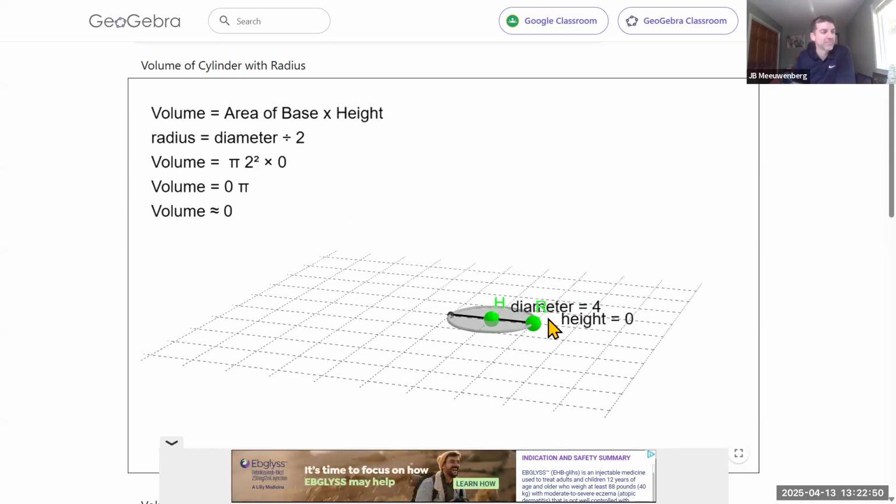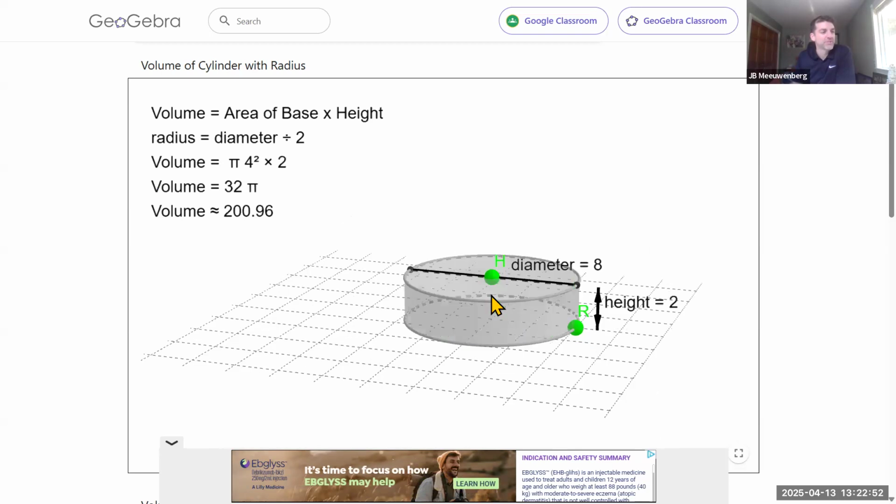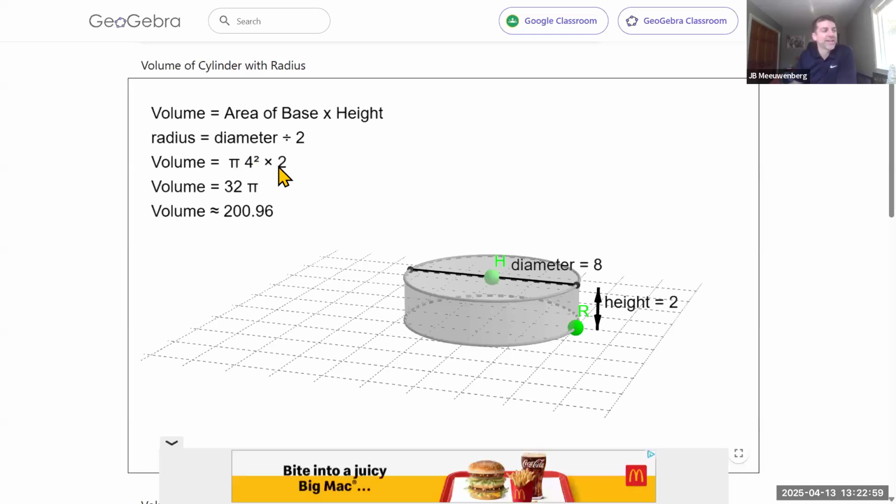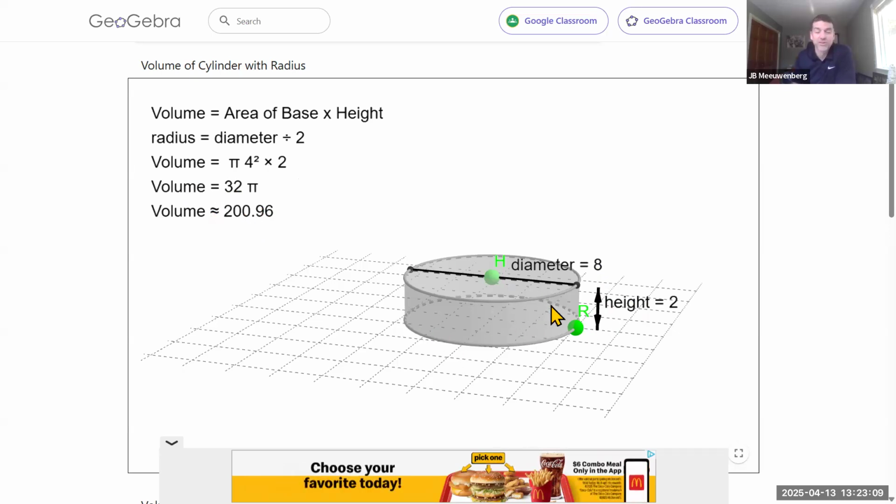I'll drag it up 2. That's okay. The height is equal to 2. So notice how it's pi times the radius squared. Now it says times 2 because that is my height. That is equal to 32 pi, which is 200.96, we'll call it cubic centimeters.